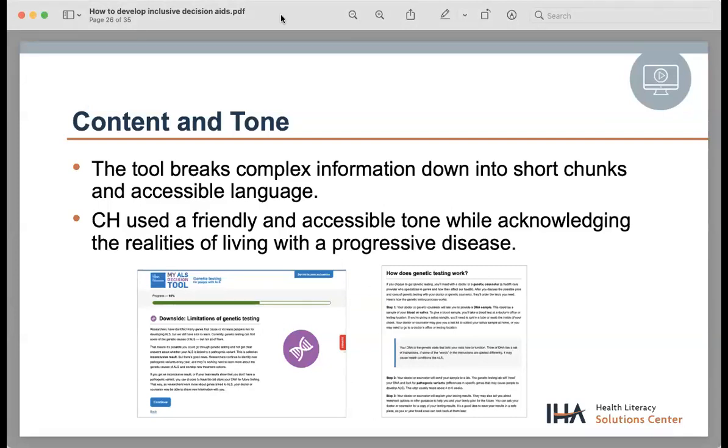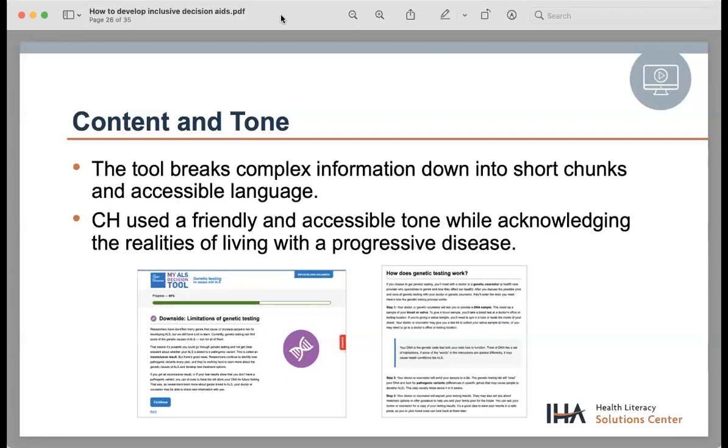And in this example, we have two screenshots from the genetic testing module here. One of these screens shows the limitations of genetic testing, which was one of the most difficult slides to develop because it's a complex topic. Genetic testing shows a lot of promise, especially for future treatments for ALS.